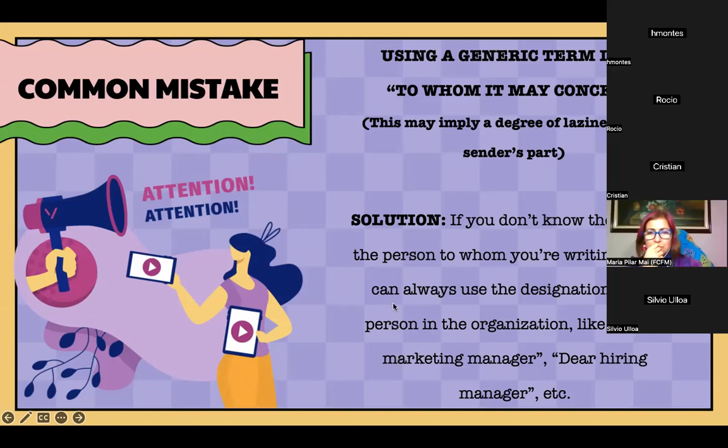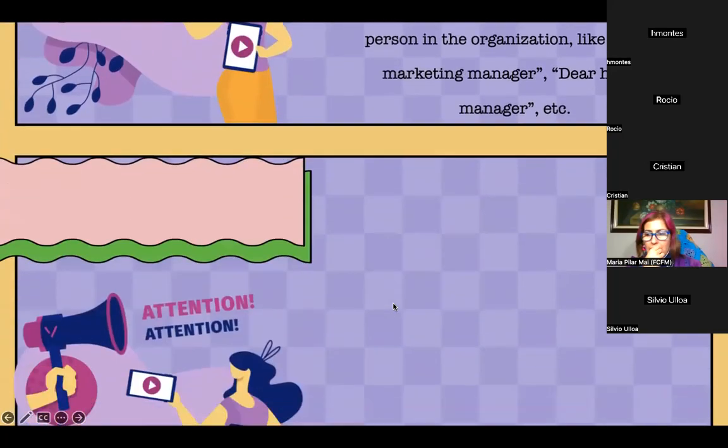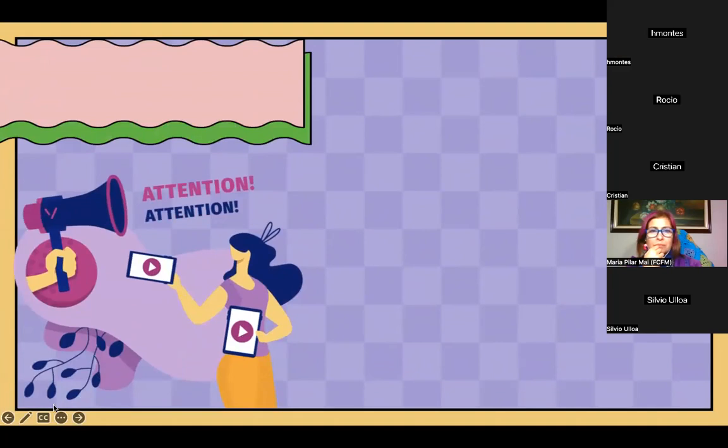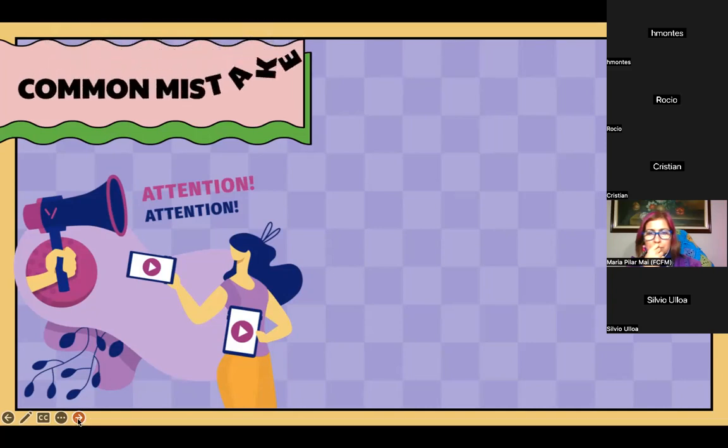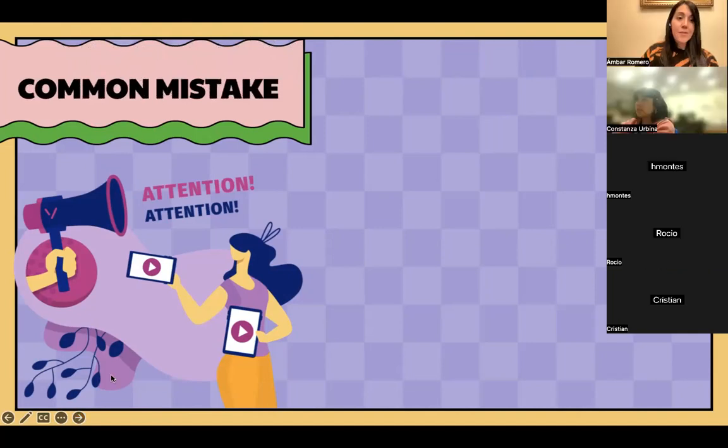So if I cannot get the information, should I put dear hiring manager? Yes. Or dear sir or madam, because dear sir or madam is better than to whom it may concern. Okay. But to whom it may concern is not essentially bad, because there are certain types of emails in which to whom it may concern is correct.